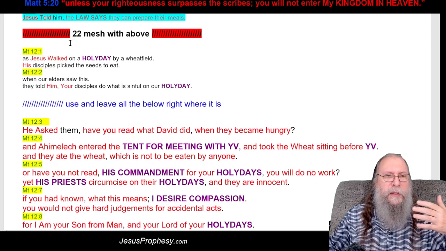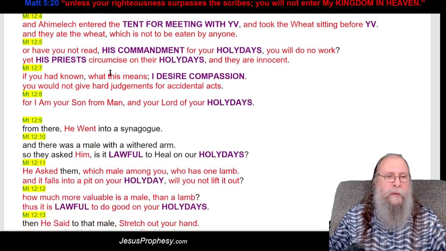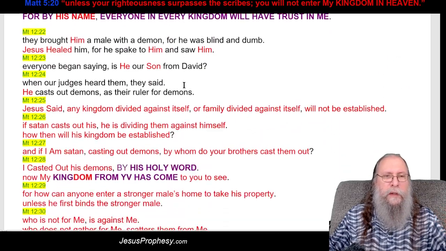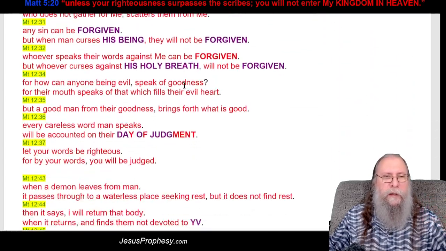So you're going to see that when I say meshed above, I actually only meshed these two verses above, and then made a note that don't move any of this text here, because this is just another story, but it follows the story above.